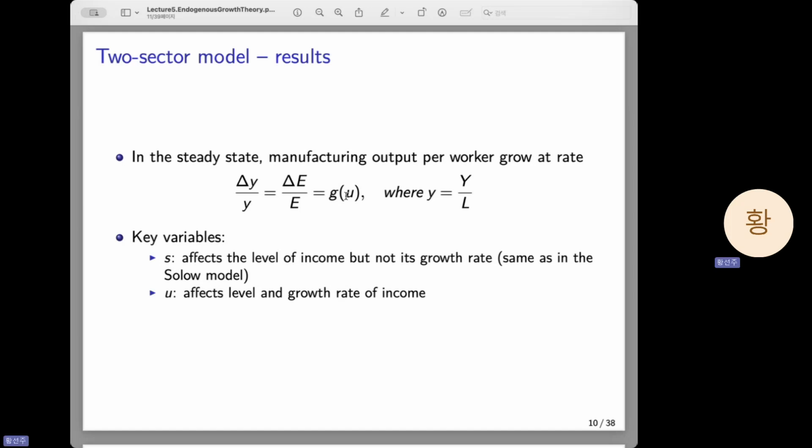In this two-sector model, S affects the level of output, but U can affect both the level and the growth rate of output. So this is a key difference from the Solow model.